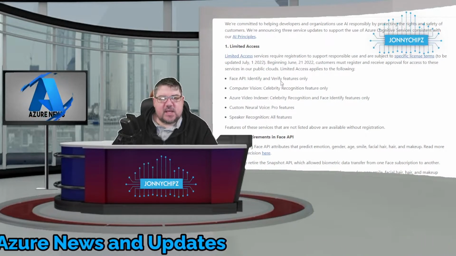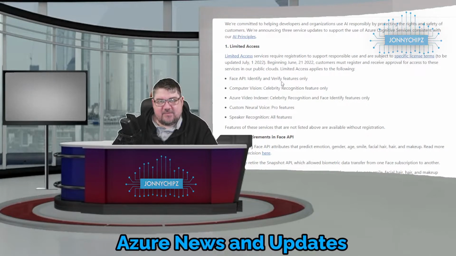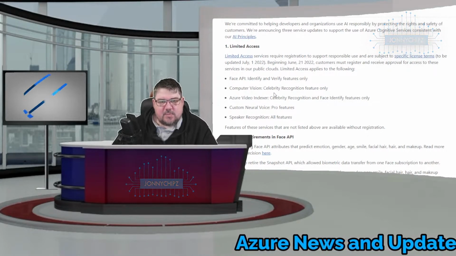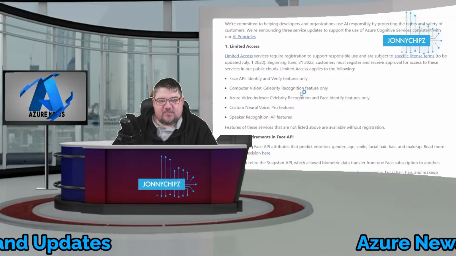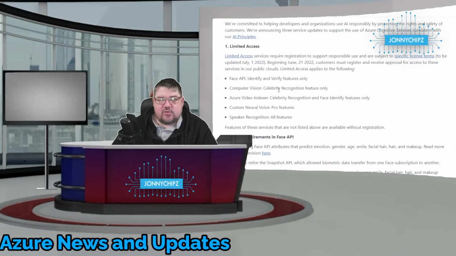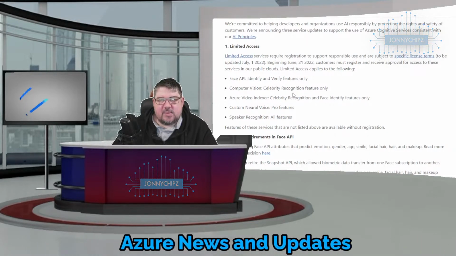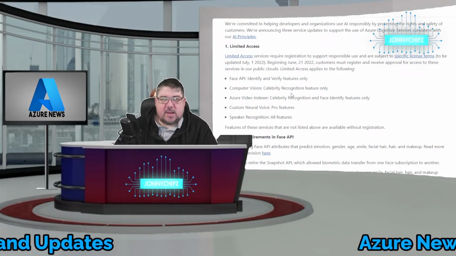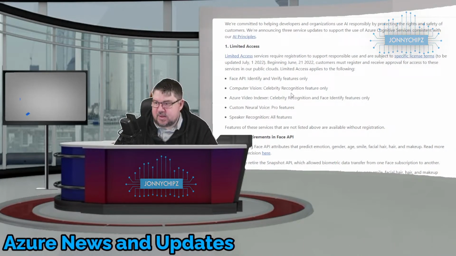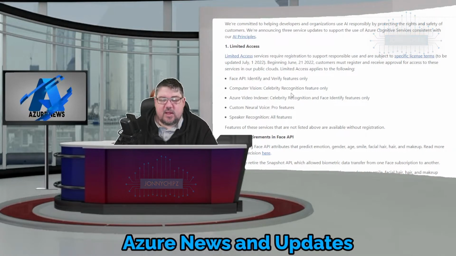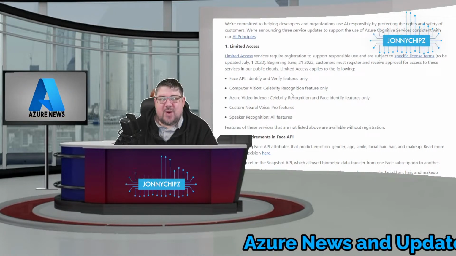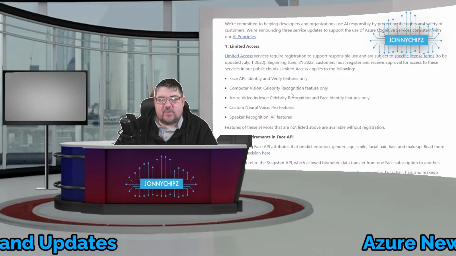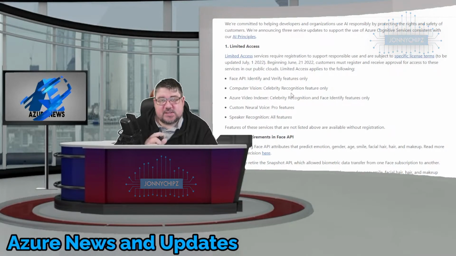But the point is the limited access, things like actually using the Face API and identify and verify features only, and then computer vision celebrity recognition feature only. What they're trying to do is they've got this limited, or you've got to use this specific license, which has been updated actually this month. So you've got to register and you've got to receive an approval for access to these specific services.